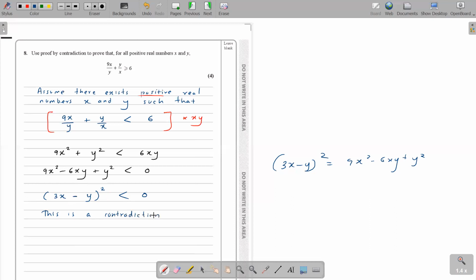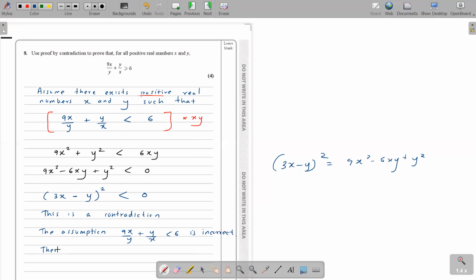This is a contradiction. Therefore, what do we say? Therefore, the assumption that 9x over y plus y over x is less than 6 is incorrect, it's false, it's wrong.